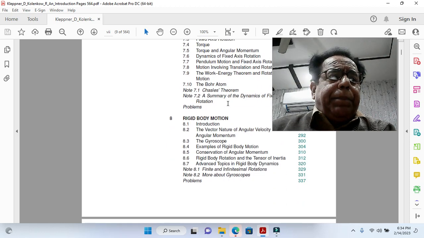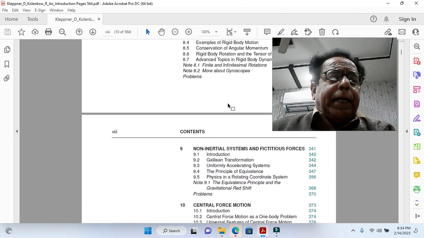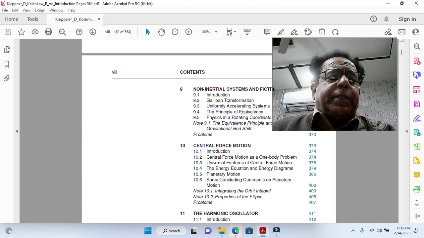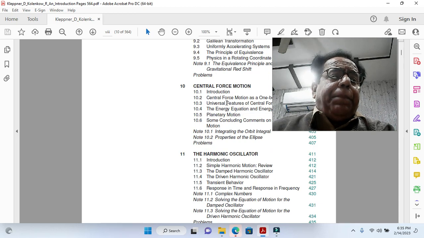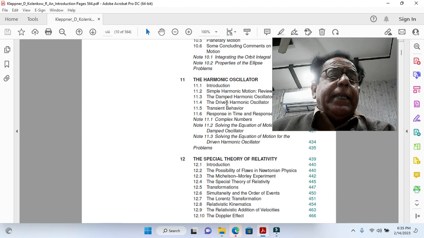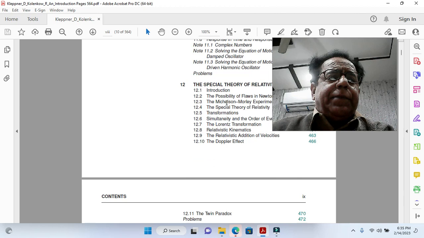Its chapter number 8 is under title Rigid Body Motion. Its chapter number 9 is under title Non-Inertial Systems and Fictitious Forces. Its chapter number 10 is under title Central Force Motion. Its chapter number 11 is under title The Harmonic Oscillator. Its chapter number 12 is under title The Special Theory of Relativity.